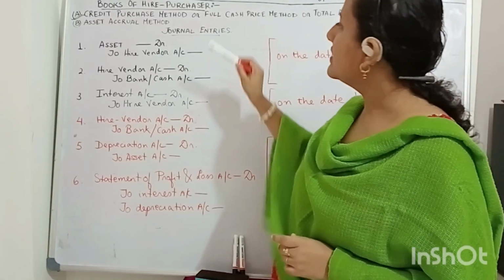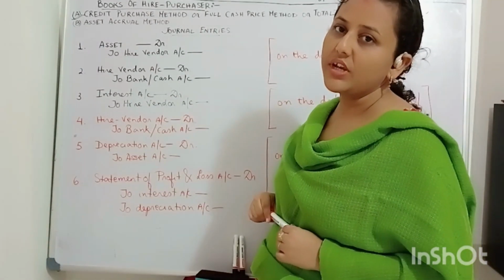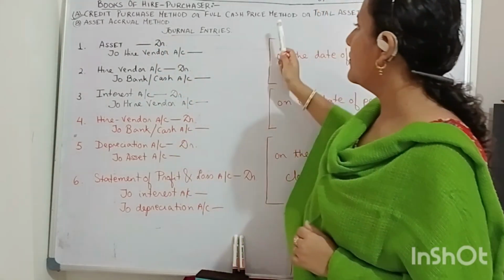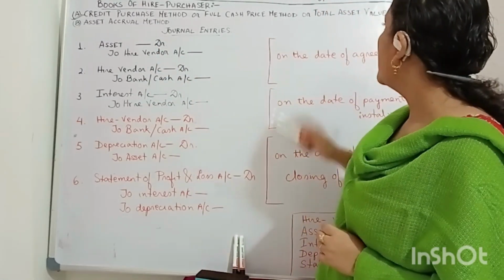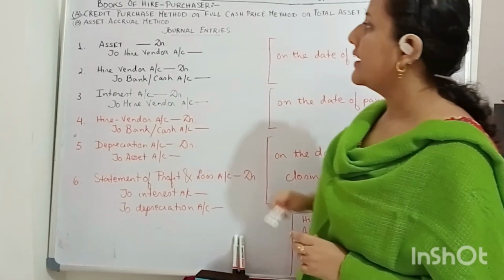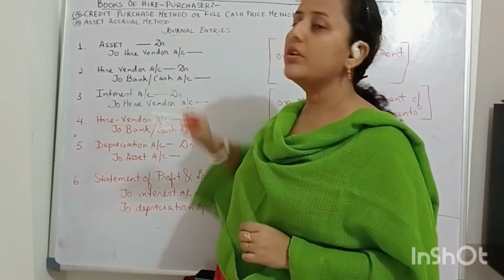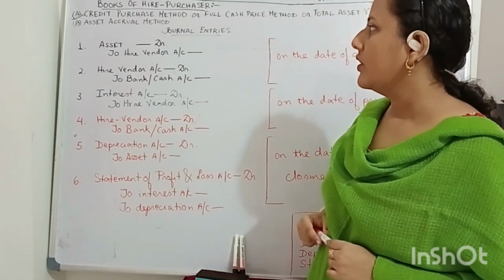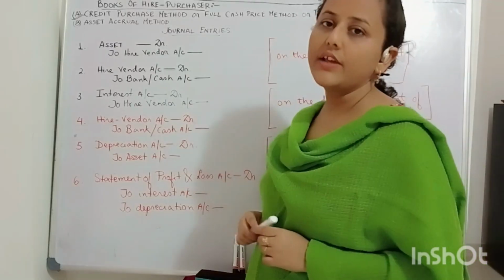It is named by three names: credit purchase method, full cash price method, and total asset value method. And the second method is asset accrual method. So now let us see the journal entries.